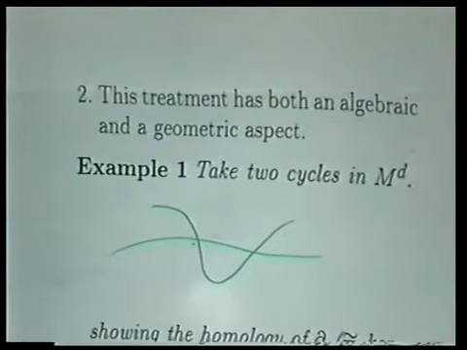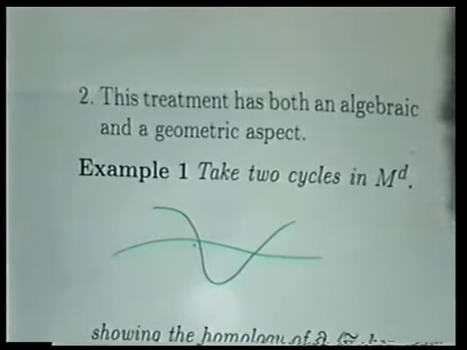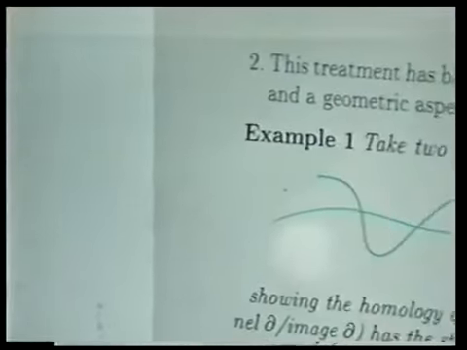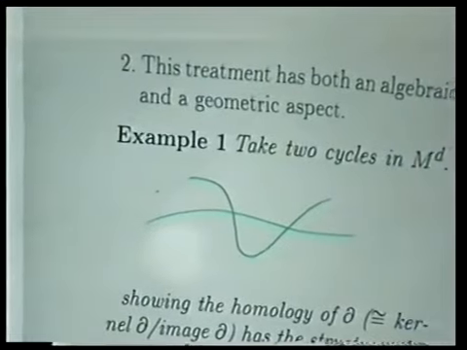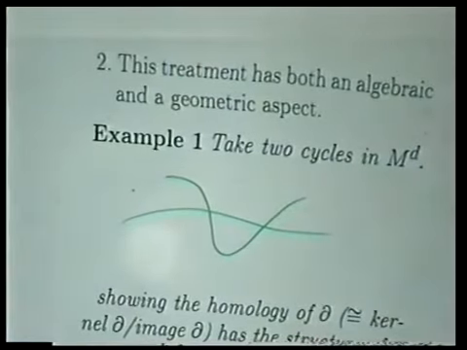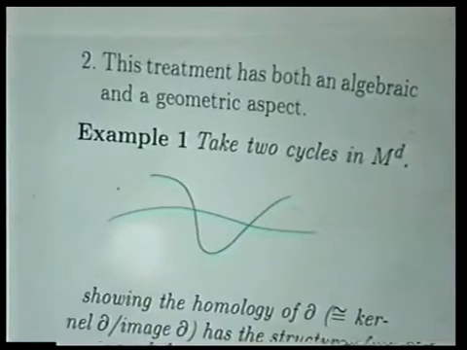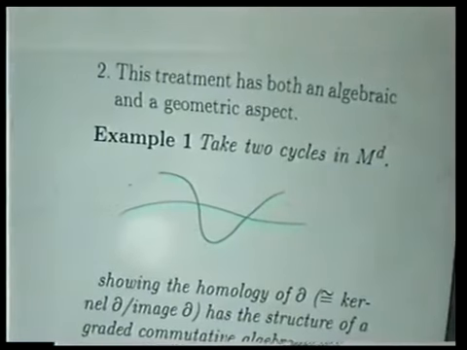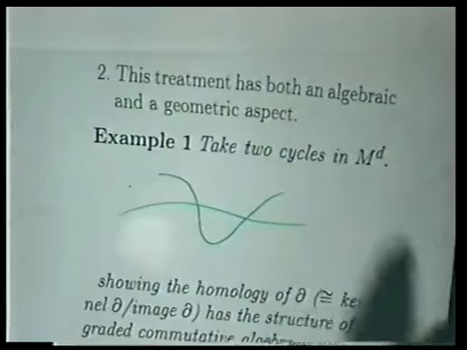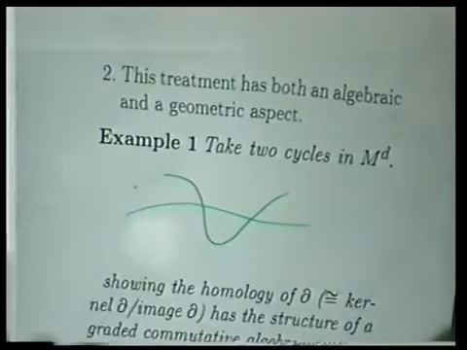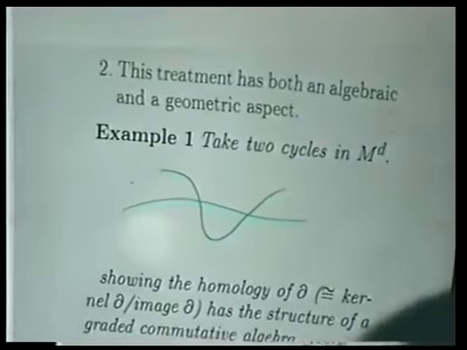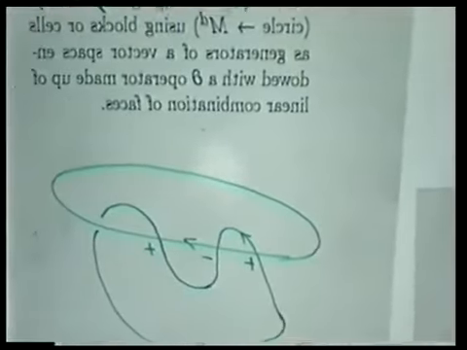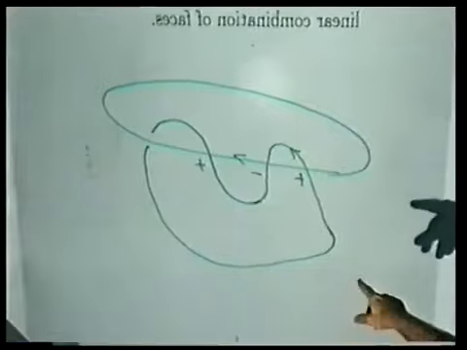For example, take two cycles in a manifold. These are linear combinations of blocks where the faces cancel in this vector space. The boundary operator is 0. And you can imagine that they're in general position, and you look at the intersection. These are like two one-cycles on a surface.